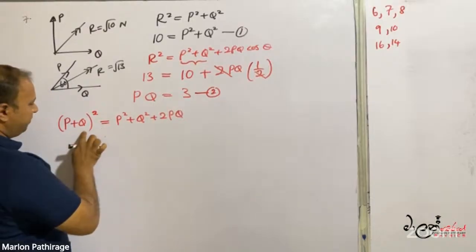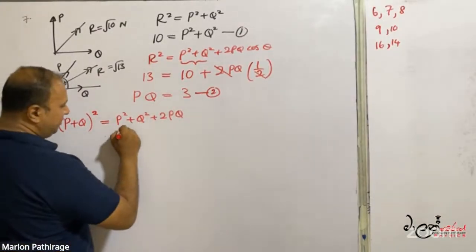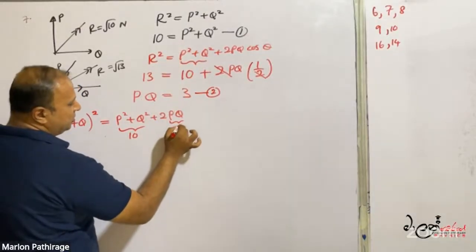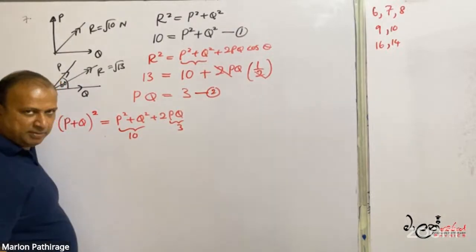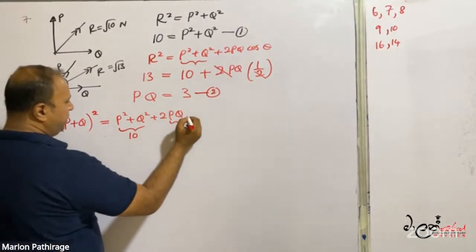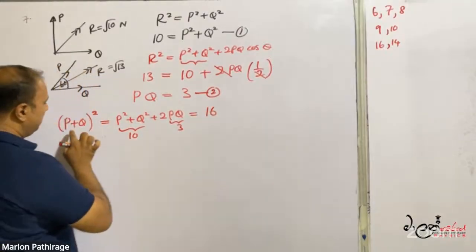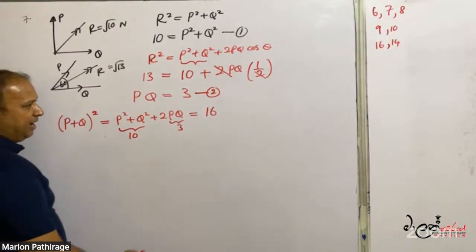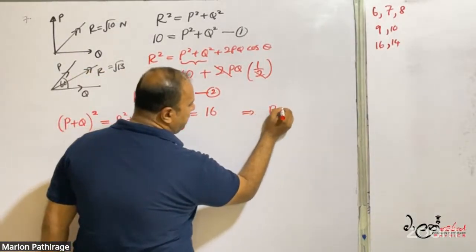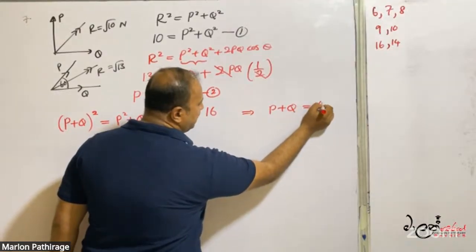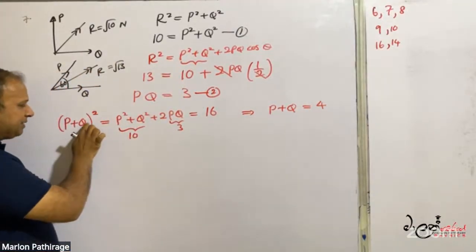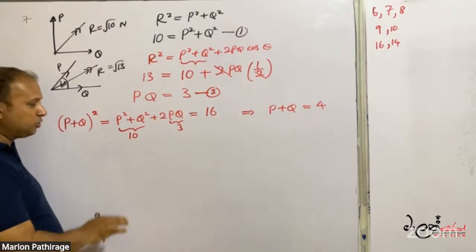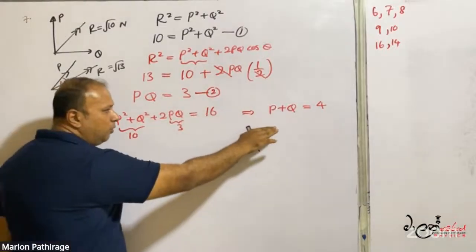Therefore, (P plus Q) squared is 16, so taking the square root, P plus Q should be 4.